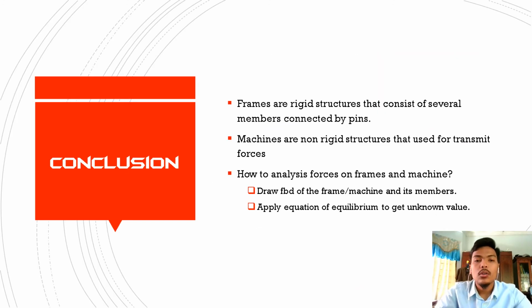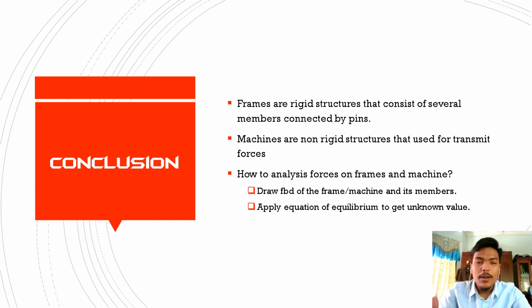So for conclusion, frames or machines are structures that are similar to trusses, except they have at least one multi-force member. A multi-force member is an independent piece of the system that has multiple forces acting on it, meaning more than one force acting on it.